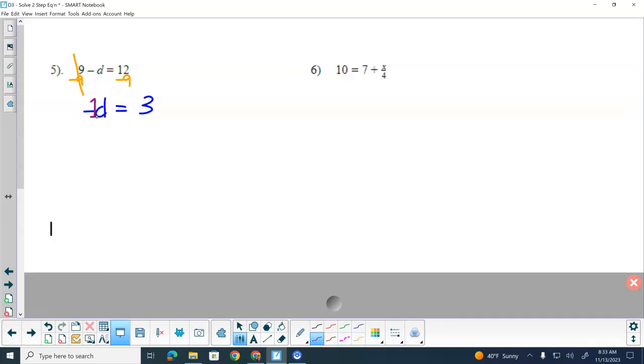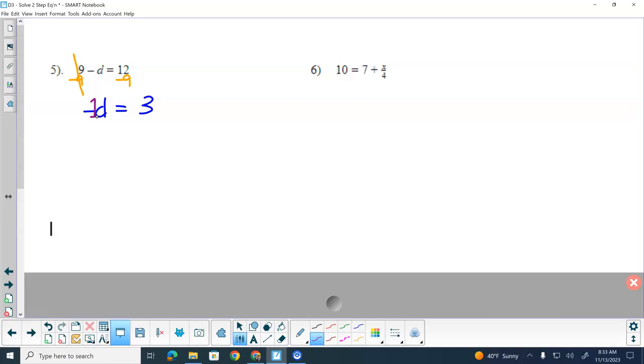So I can divide by negative 1, okay? Or, because this is a special case, because it's negative 1, I can also multiply both sides by negative 1.